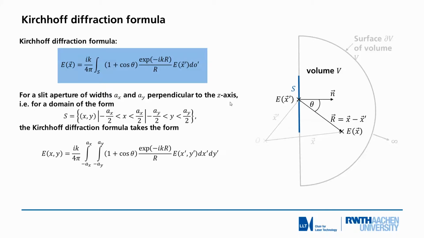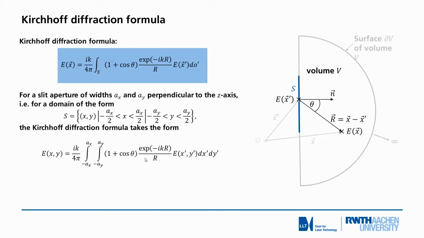So you see, as a result, we get an integral in summing up all contributions from these individual point spherical waves in the slit at a certain point, E of x, and E of x is the electrical field strength at that point, which of course is a superposition of all contributions along the individual sources on this slit. And that shows this integral here.